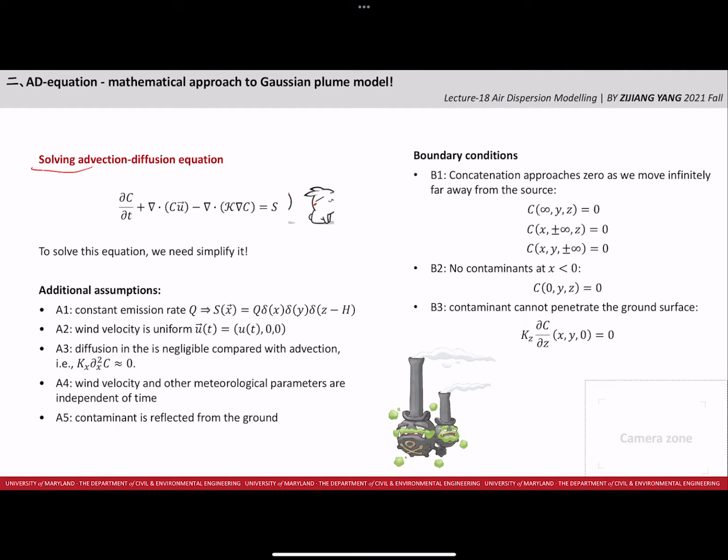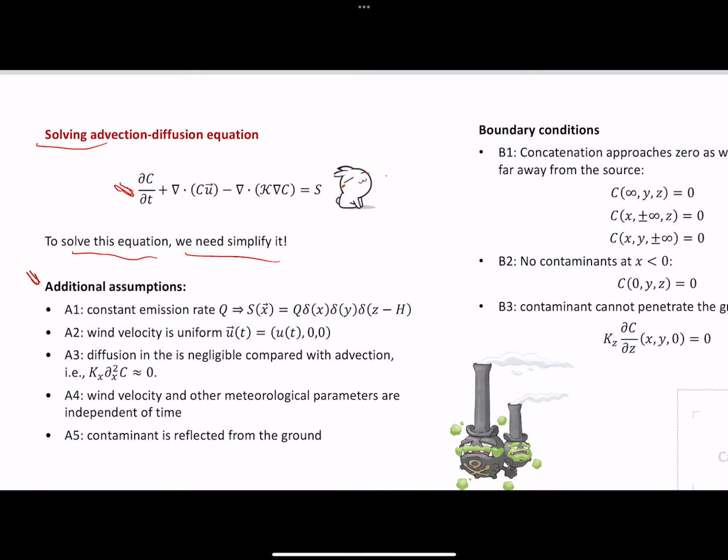So we want to solve this partial differential equation, and we know that it is a little bit hard to solve this whole thing. To solve this equation, we may need to simplify it and add some additional assumptions. So let's look at them one by one.